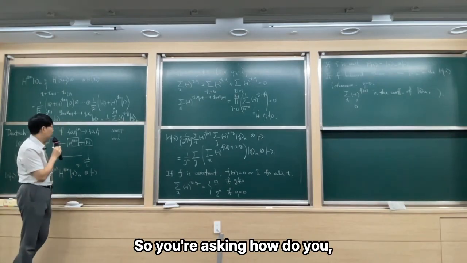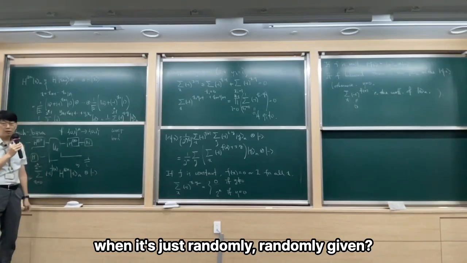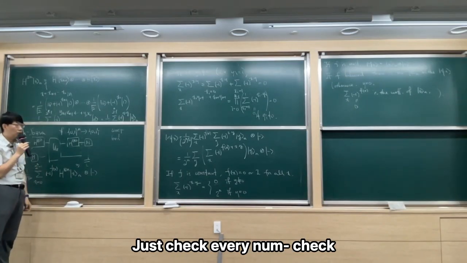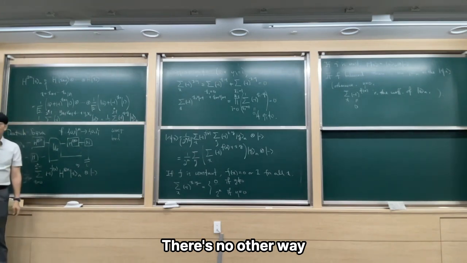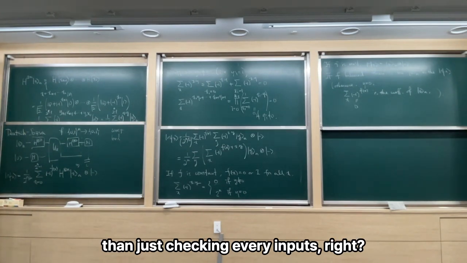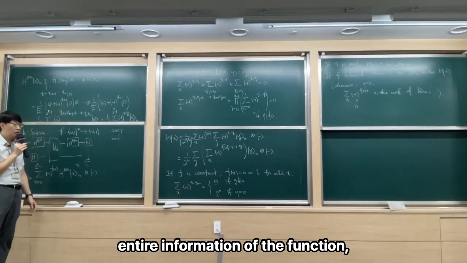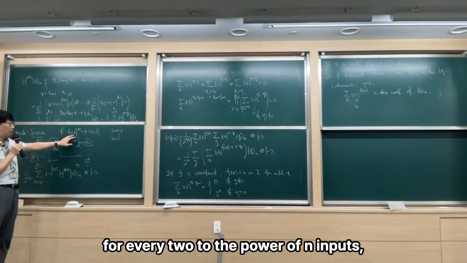So you're asking how do we find out the function when it's just randomly given? Yes, randomly given. Just check every input. There's no other way than just checking every input. If you want to find out the entire information of the function, that means you want to find out the value of the function for every one of the 2 to the power of n inputs.